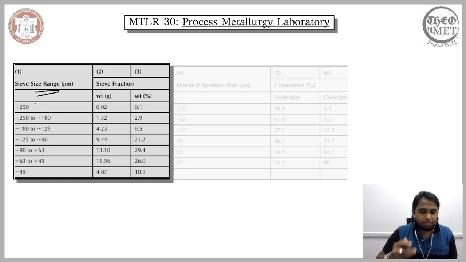And the particles that pass through this particular sieve, but that are held by the sieve of this particular size, we measure the weight of it and calculate its percentage. So the aperture size of the second sieve is 180 microns, but the size range of the particles collected by the sieve will be between less than 250 microns to 180 microns.